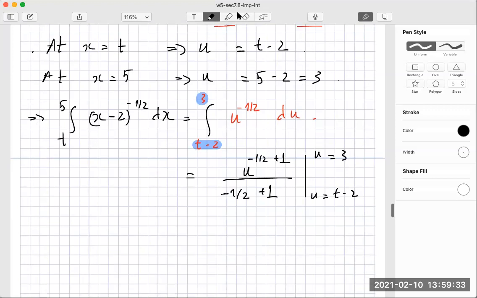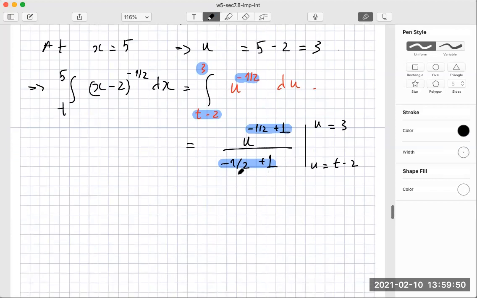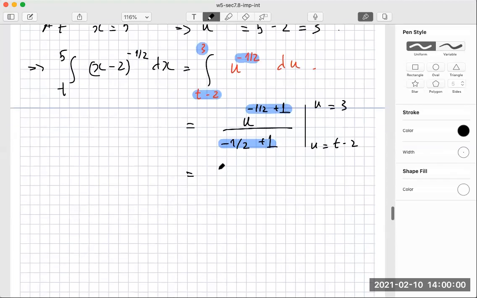So we do integration, then this power we just add 1 here and divide by the same thing, right? And the limit is from t minus 2 to 3. Okay, just do it. And finally, this is negative 1/2 plus 1, and what is it?